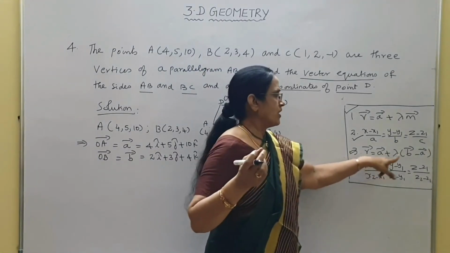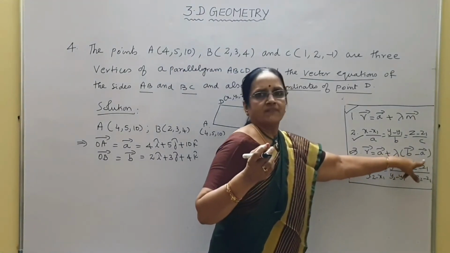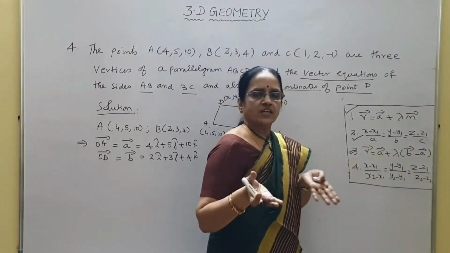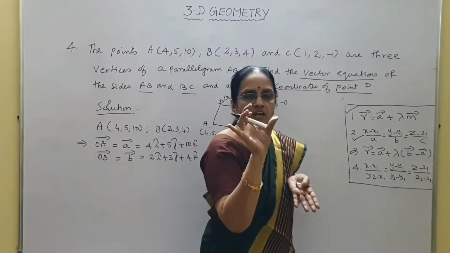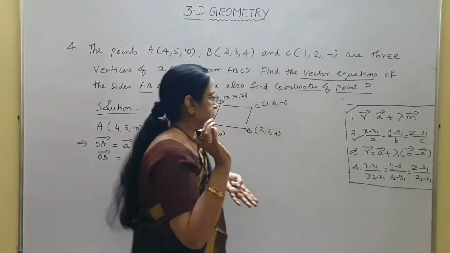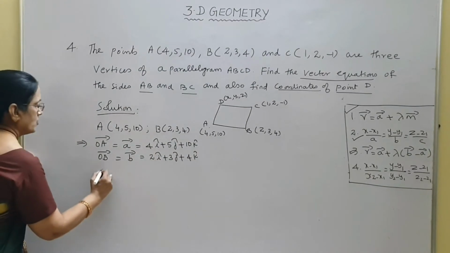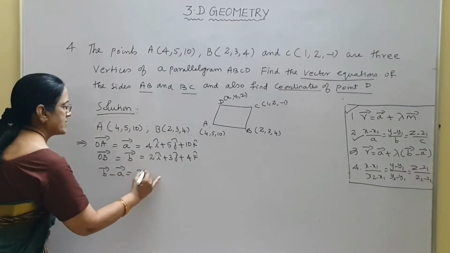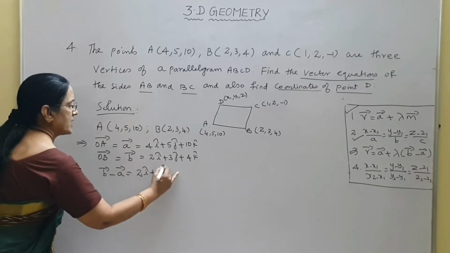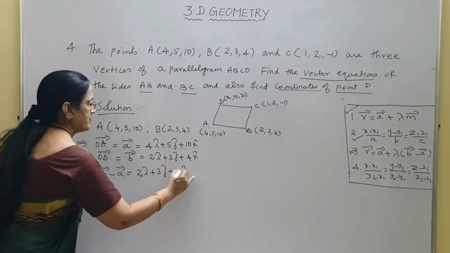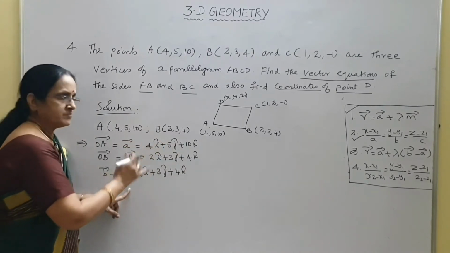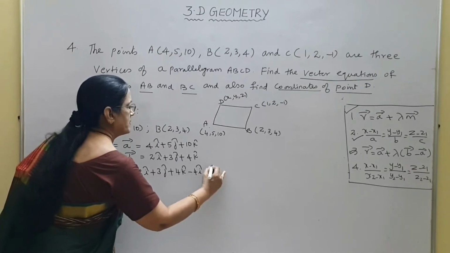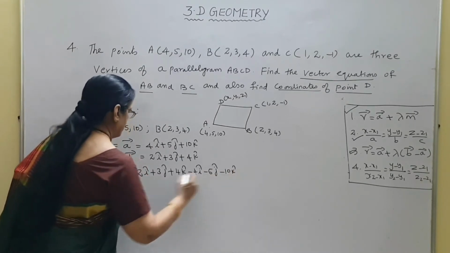Now let me find out what is vector b minus vector a. Then I can substitute in this equation and get the equation of the side AB of parallelogram ABCD. So b vector minus a vector is 2i cap plus 3j cap plus 4k cap minus 4i cap minus 5j cap minus 10k cap.